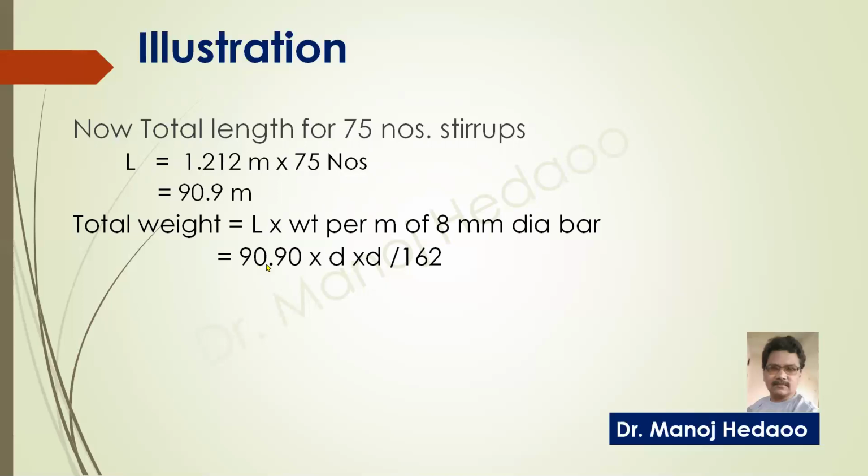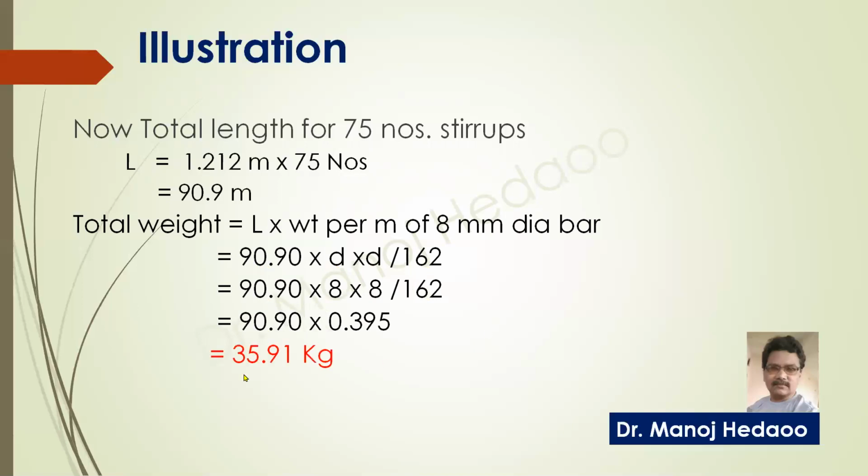So here the length is 90.90 into d into d divided by 162. So you will get the weight, that is 35.91 kg. That is the total weight of the stirrup bars of 75 numbers.